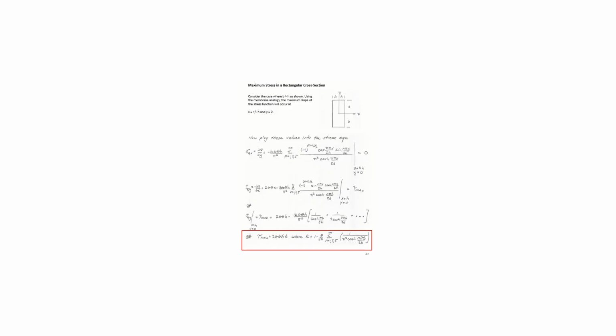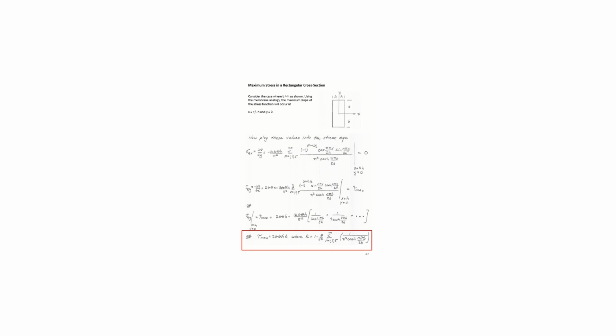Lookup tables have been made that allow us to compute or look up the value for k1 very quickly, based on the ratio of b over h. These lookup tables for k1 are given in your textbook. But we build on k1 and introduce another lookup value as well, and that's probably best seen by looking at an example problem.